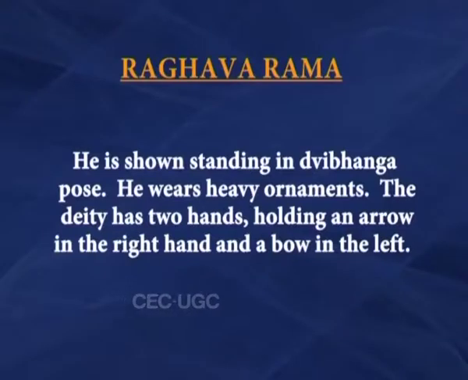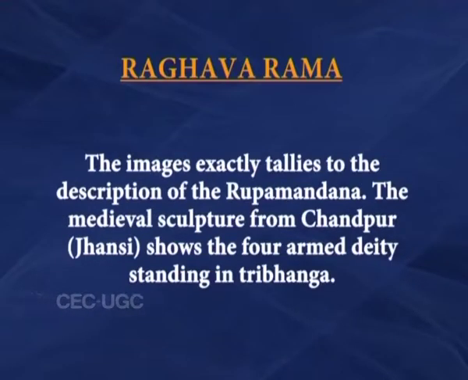A medieval image from Garhwa Fort, Allahabad, represents 2-armed Rama. He is shown standing in Dvibhanga pose. He wears heavy ornaments. The deity has 2 hands holding an arrow in the right hand and a bow in the left. The image exactly tallies with the description of the Rupamandana.